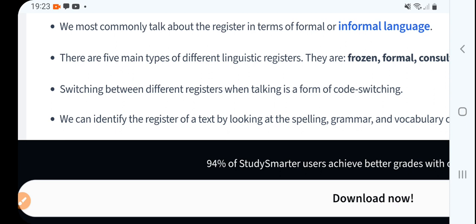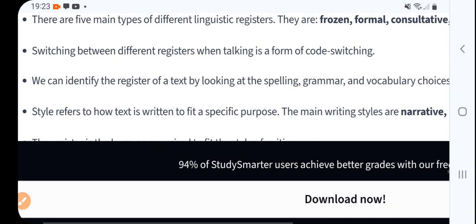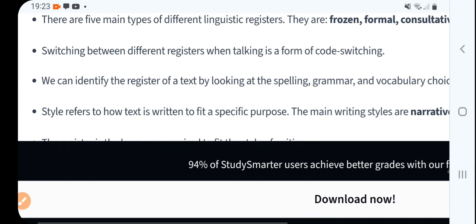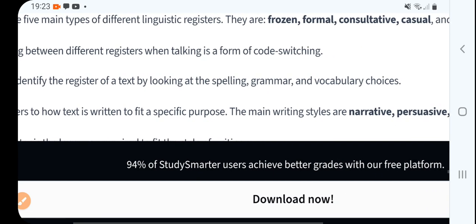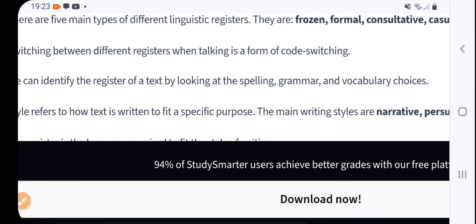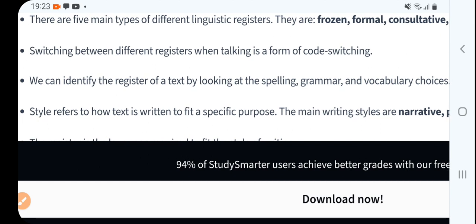And then we can identify the register of a text by looking at the spelling, grammar and vocabulary choices: what kind of spelling they use, short forms, and grammar, casual or not. That shows their register.